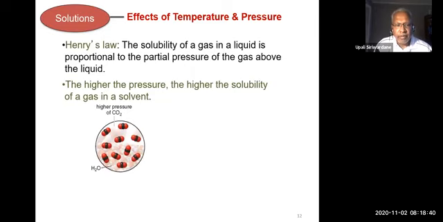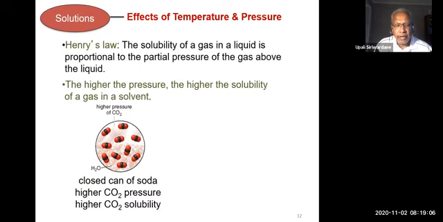Carbon dioxide is a common example in carbonated water or soft drinks, where carbon dioxide is dissolved at high pressure and kept at low temperature to keep the carbon dioxide gas in solution until opening the bottle.